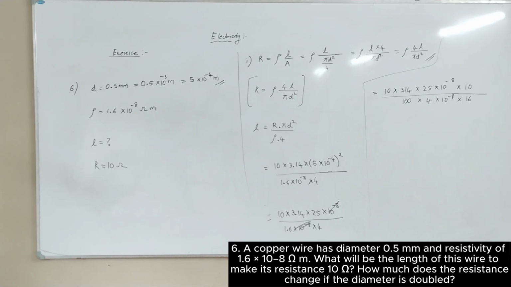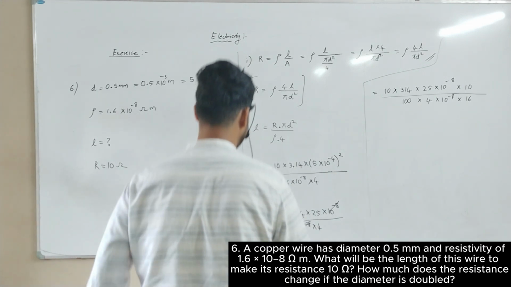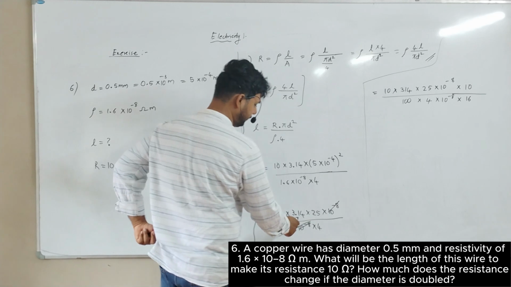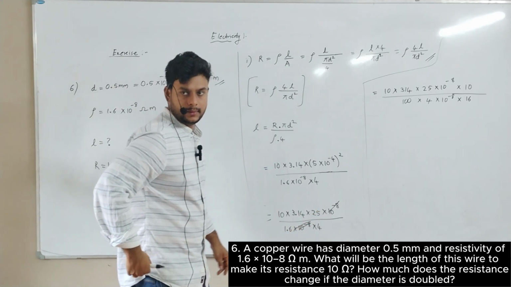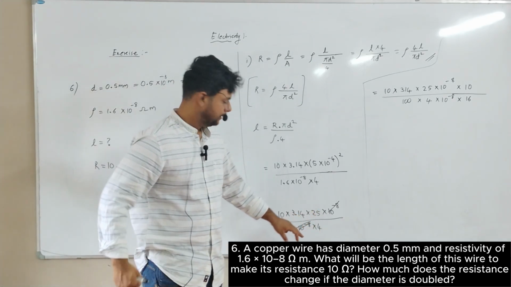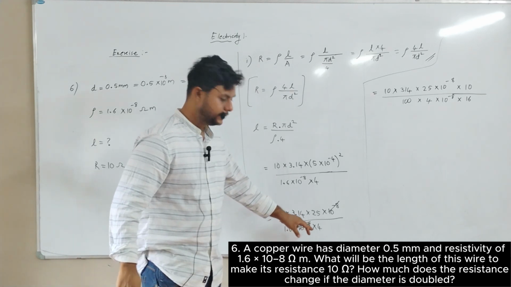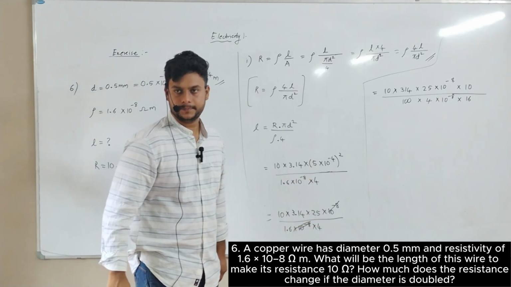It is simple multiplication. If you just multiply 10 into 25 into 3.14, you get 785. Perfect, 785 comes. 785 divided by 1.6 into 4 minus 6.4 comes.